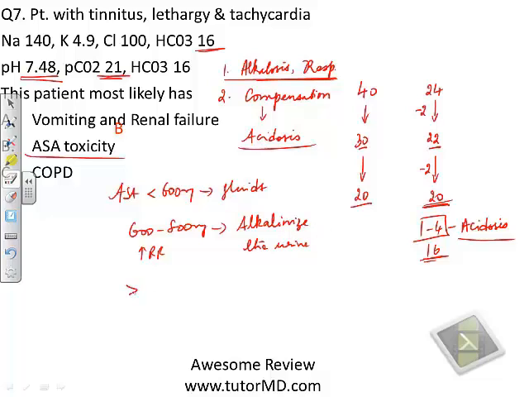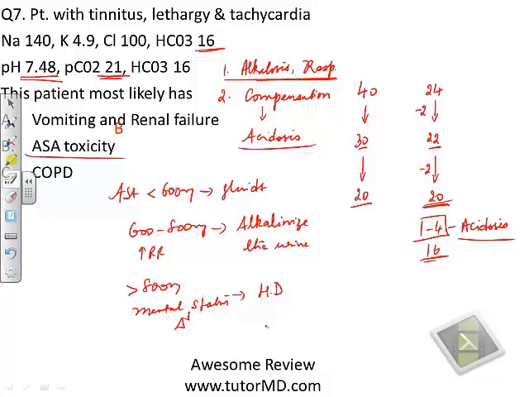If it is more than 800 and the patient has mental status changes, then you'll be doing all the above plus hemodialysis. So the practical implication is you do all these things, the fluids and the alkalinization of urine and/or hemodialysis, if you knew it was aspirin toxicity.